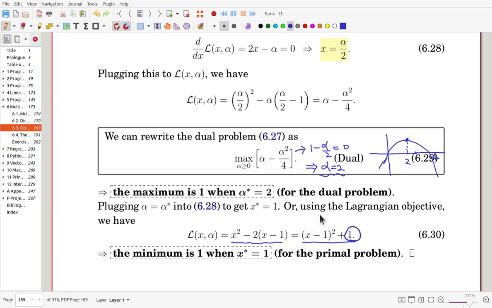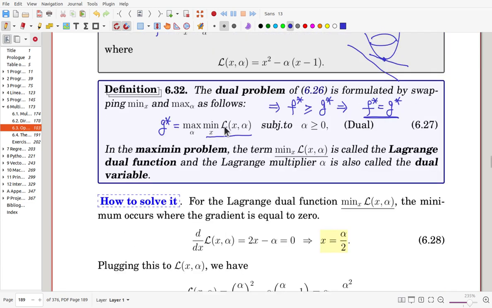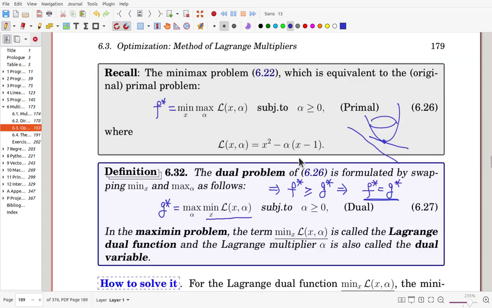But here the idea is, through this dual problem, the maximum problem, we can get the solution much easier than solving the original minimax problem. So that's the reason we use the dual formulation, to get the solution more effectively.